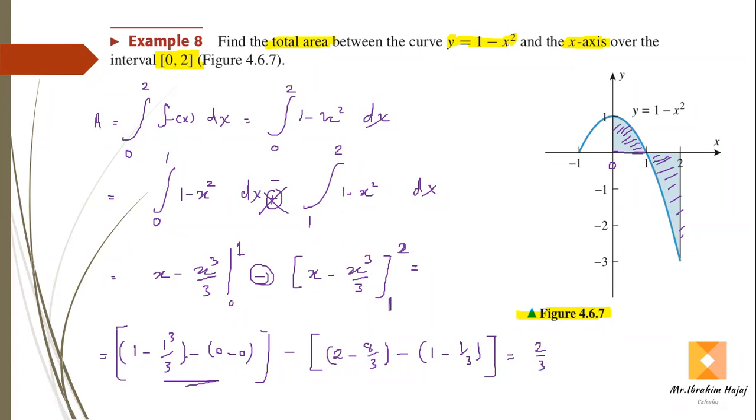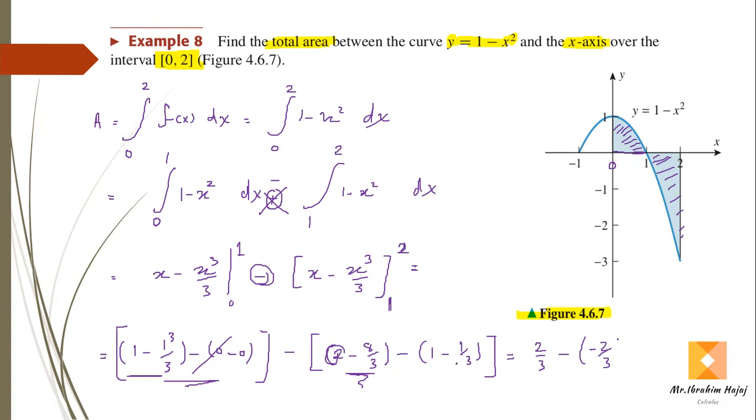This all is 0, so this all is 2/3. And then minus, 2 minus 8/3: 6/3 minus 8/3 is negative 2/3, because this 2 can be written as 6/3 minus 8/3.